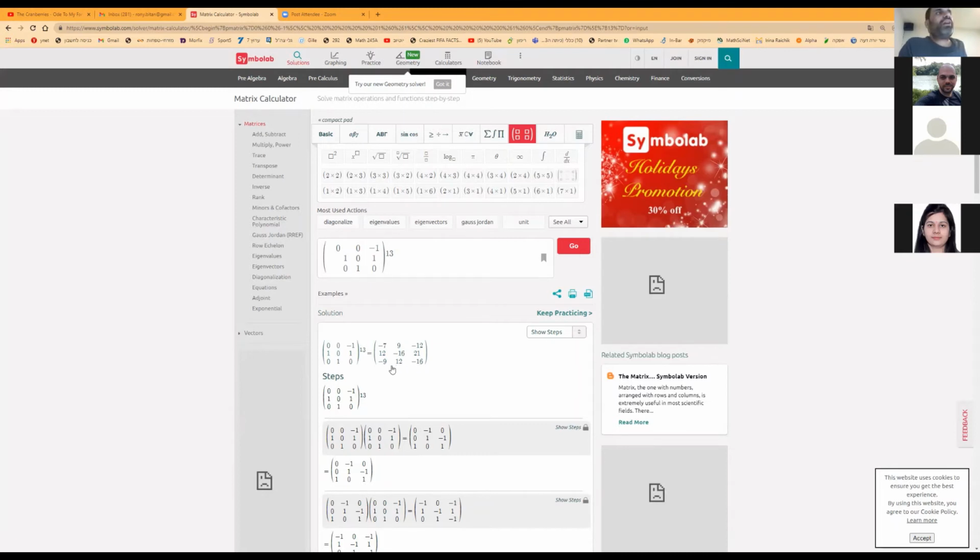So why didn't I show you 26? Because the symbolic app didn't want to show me. It told me it's too large a power. But if I know this, I know 26, because we are over F3: minus 1 to the power of 2 is 1, the identity.